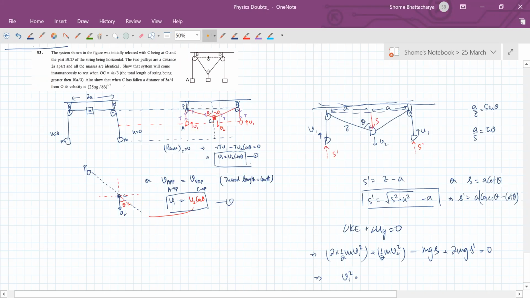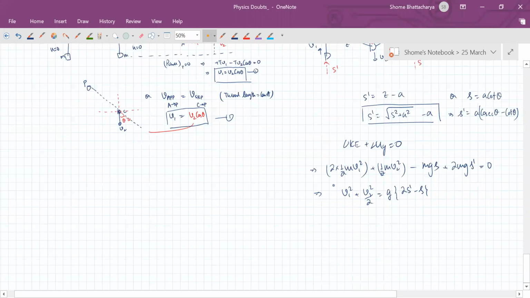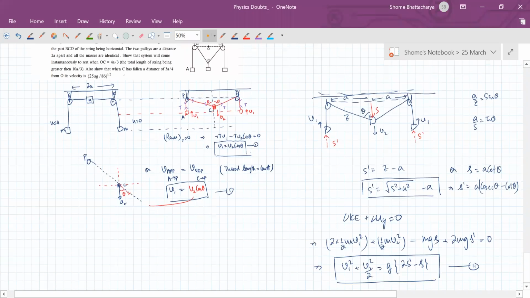So v1 square plus v2 square by 2 is equal to g into 2S prime minus S. So this is our second equation. And this is again a constraint relation. We'll take this as our equation 3. Okay, so now we have to just substitute all this.